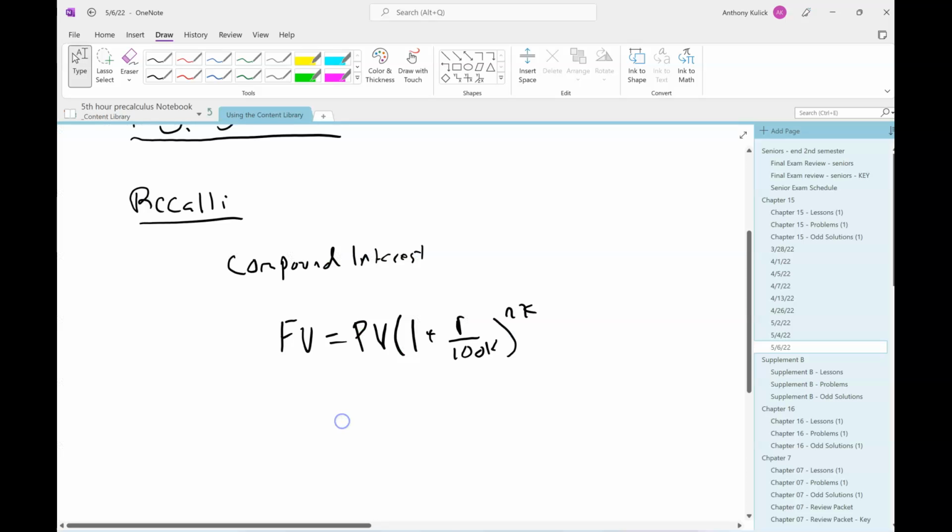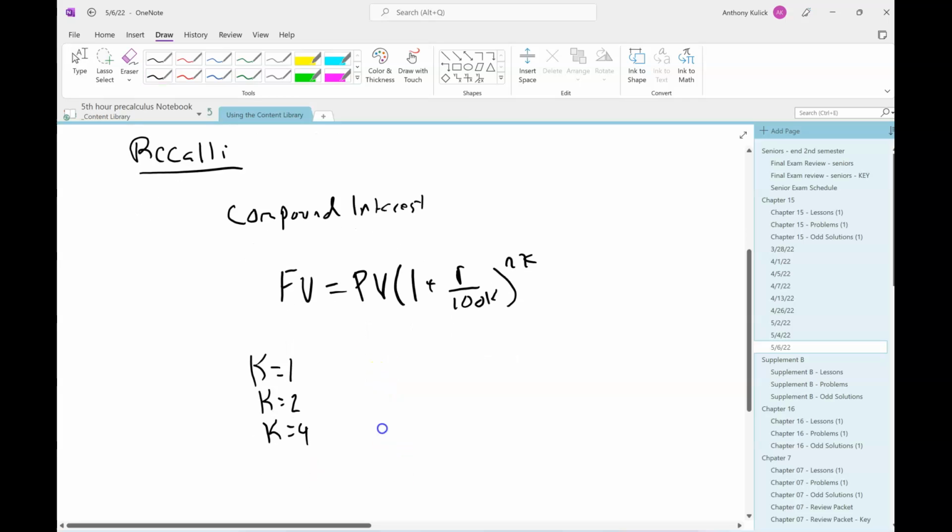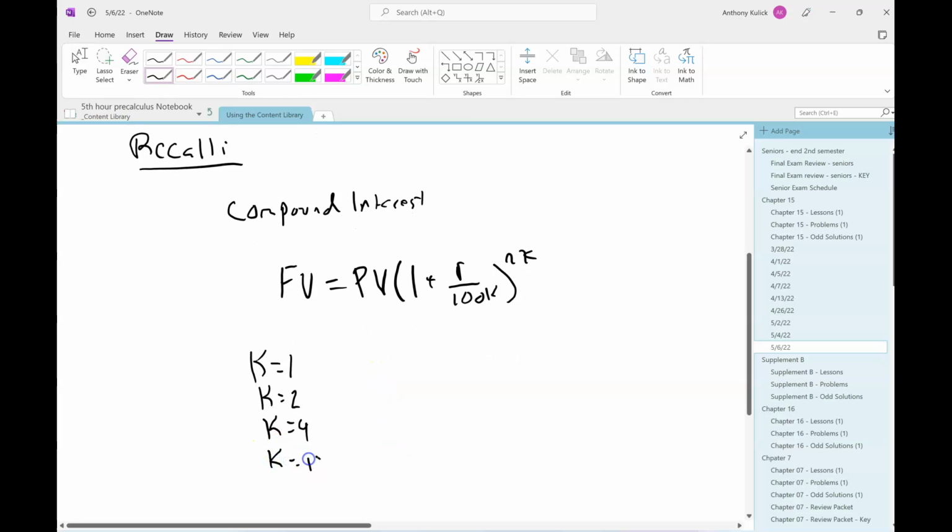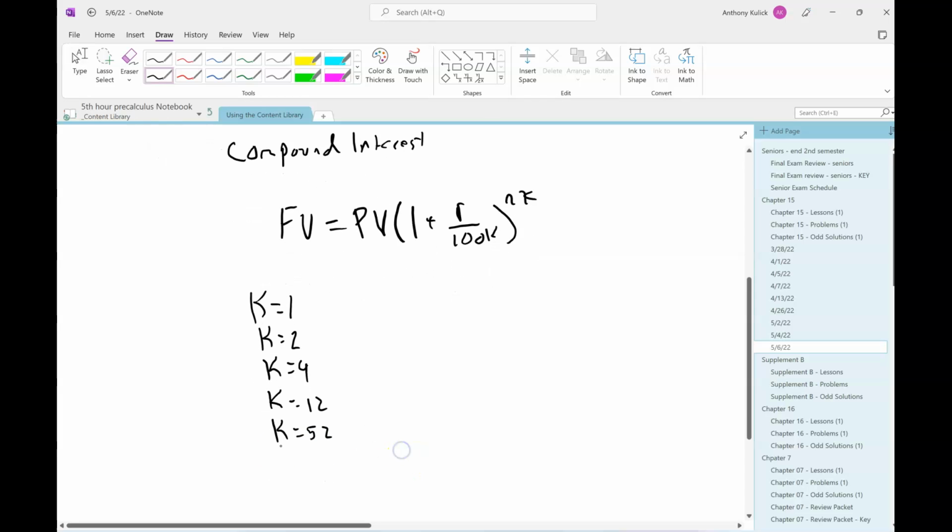And we looked at the effect of K, right? We looked at when K was 1 annually, 2 semi-annually, 4 quarterly, 12 monthly, 52 weekly, and 365, so daily, right?